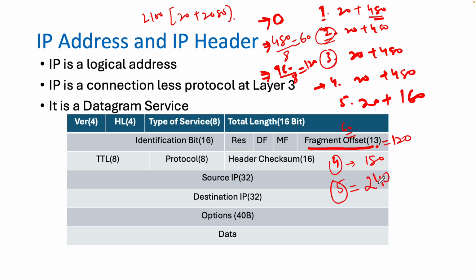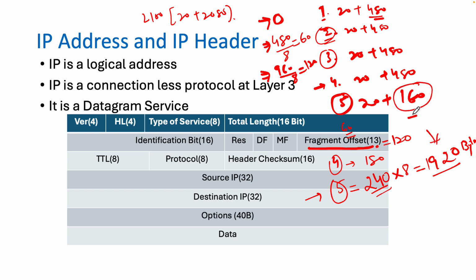So if you want to find out how much data has actually been transferred in total before this packet number 5, you simply see this value and multiply it by 8. It will be 1920 bytes before this. And if you want to find the total size of the IP packet by using this fragment offset value, you add this data into this one.